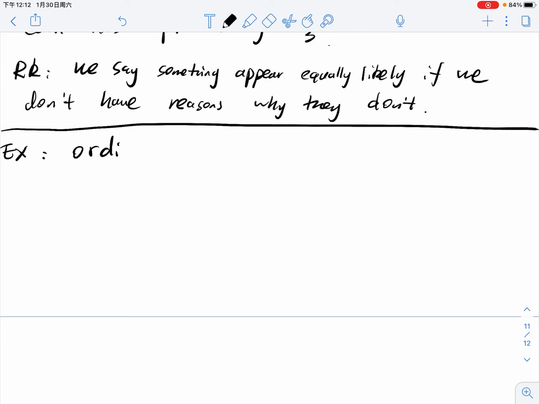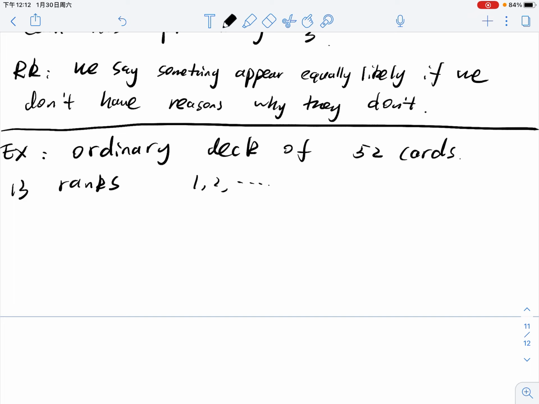Okay, so now suppose you have an ordinary deck of 52 cards, and you have 13 ranks, 1 all the way to 13. 1 you can also view as A, so it's after 13 or before 2. And the 4 suits: clubs, diamonds, hearts, spades.